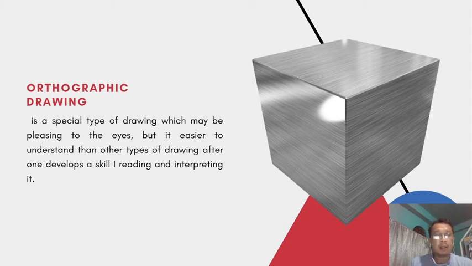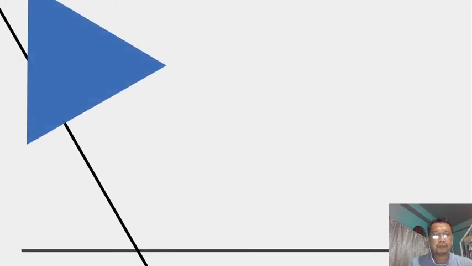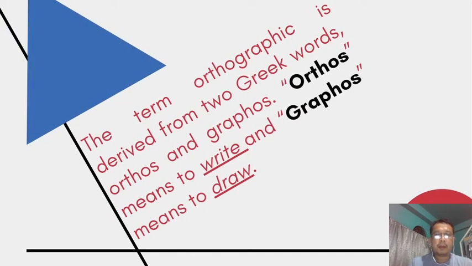In this presentation we will try to develop skills on how to read and interpret particular drawings using the orthographic view. The word orthographic is derived from two Greek words, orthos and graphos.